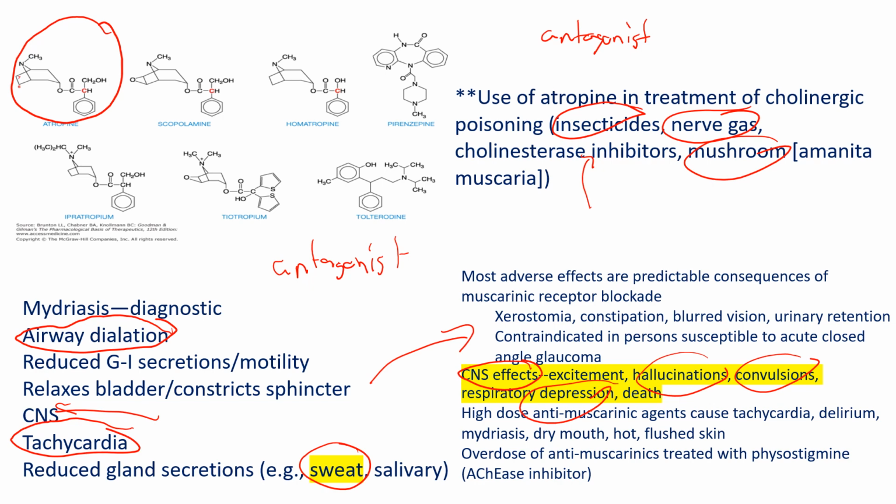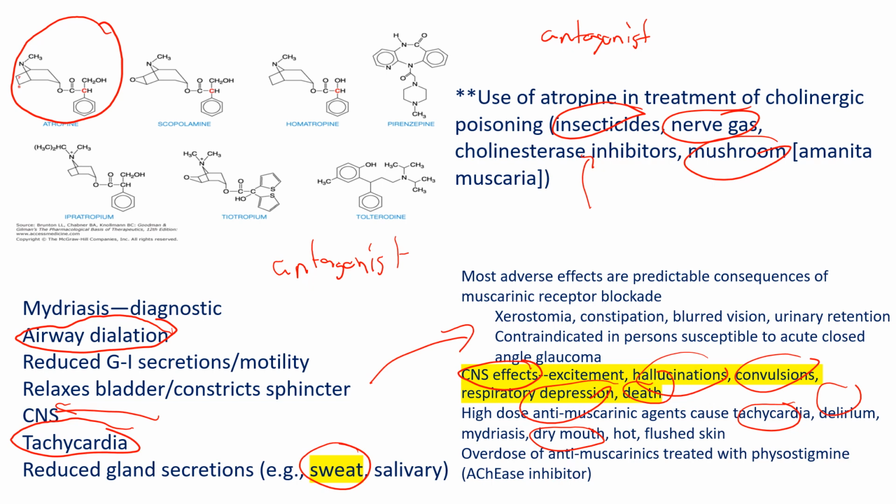You might have heard of people abusing OTC Benadryl, which is a muscarinic antagonist. And hallucinations, right, slowed breathing rates, and even death. That's a pretty common example of that. Tachycardia, delirium as well. Dry mouth, remember, with a muscarinic antagonist, you're having less of those secretions.